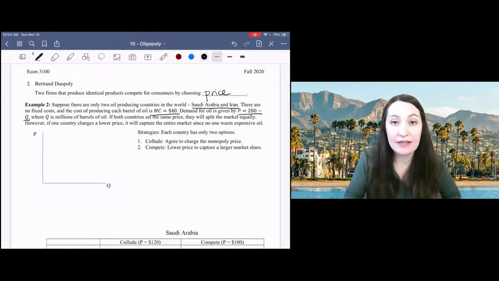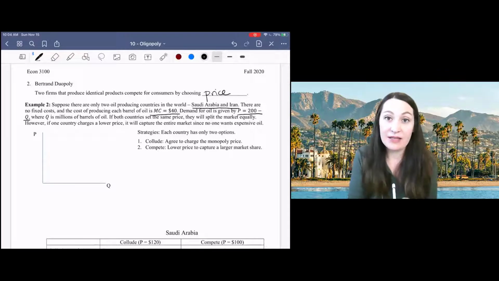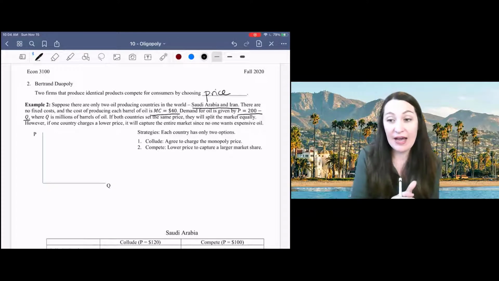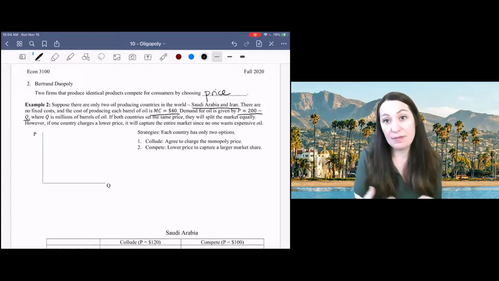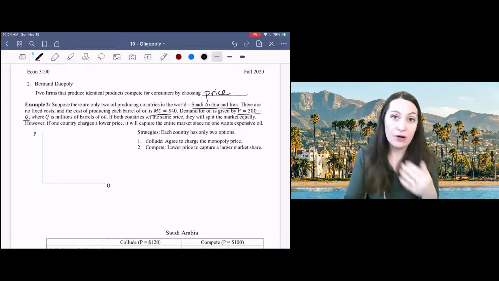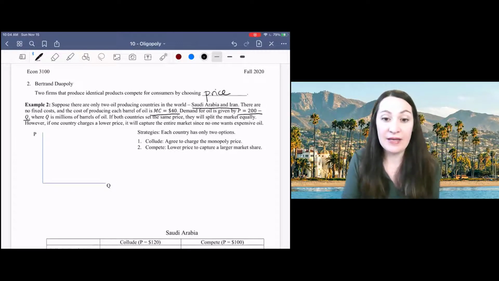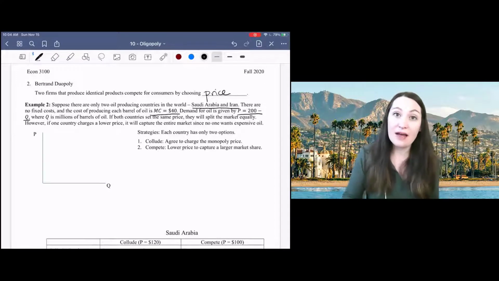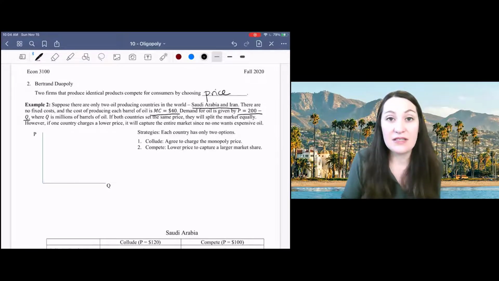They can collude to set the monopoly price. That's going to earn them the highest possible profit. Or they can compete. They can try to lower their price to capture more of the market share. So within this example, we want to determine what their payoffs are for each of these different options, analyze the game to see how we will predict the firms will behave.